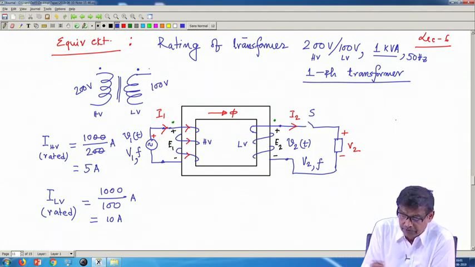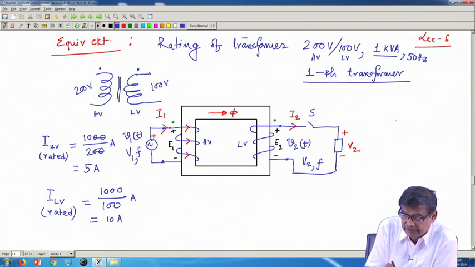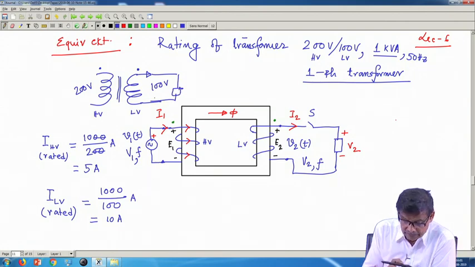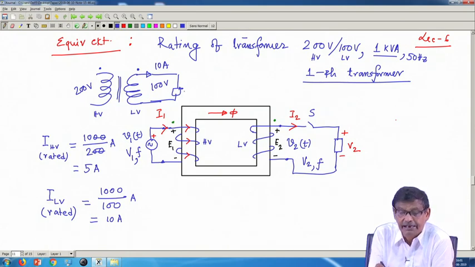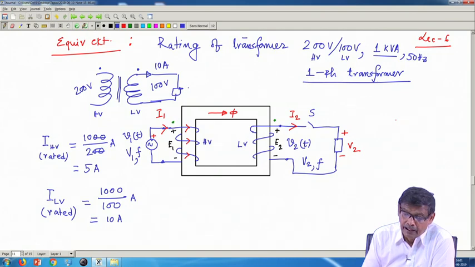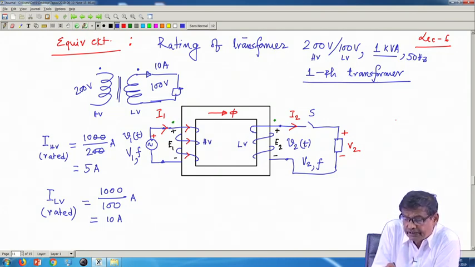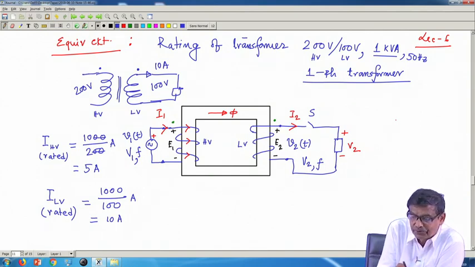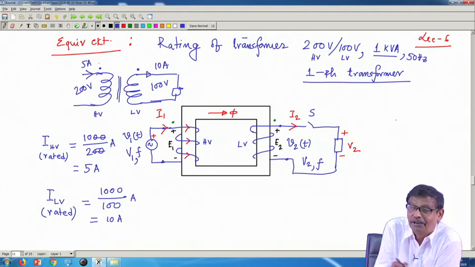Connect a load such that the current it delivers does not exceed 10 ampere. Your load current must be less than or equal to 10 ampere. When it delivers this rated current I LV rated, rest assured you do not have to do anything; your primary at that time will carry 5 ampere. That is what we have learned.